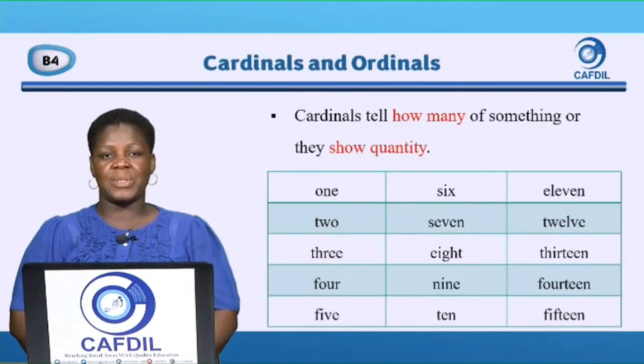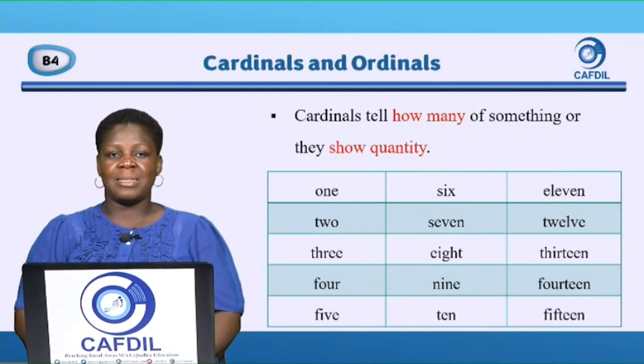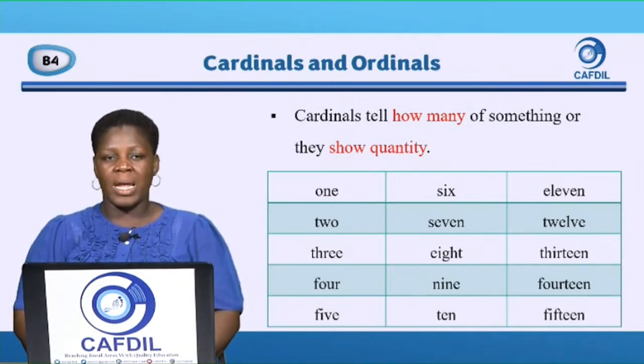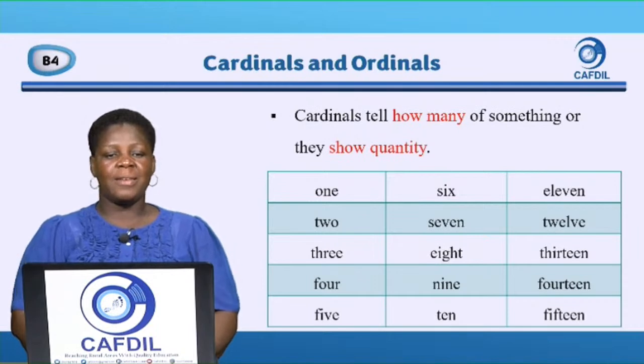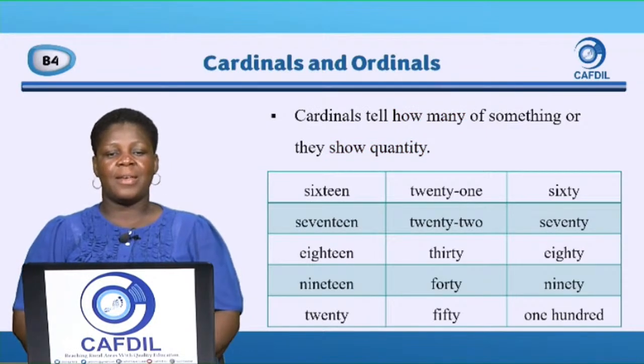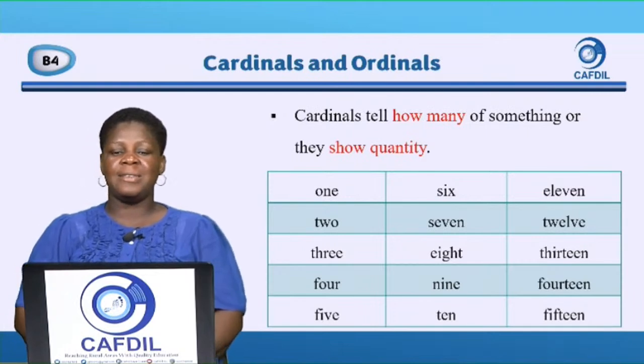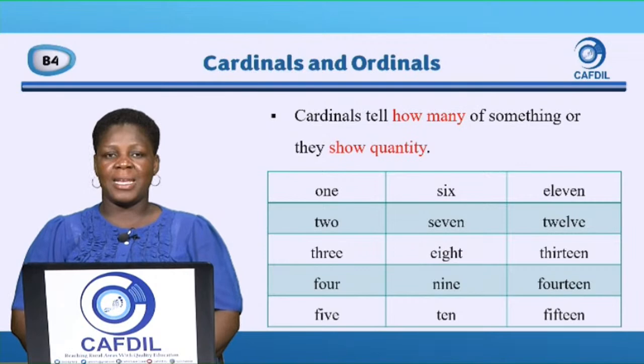Let's look at more examples. So cardinals are simply numbers, counting numbers. So we have 1. 1 is a cardinal number. 1, 2, 3, 4, 5, 6, 7, 8, 9, 10, 11, 12, 13, 14, 15.